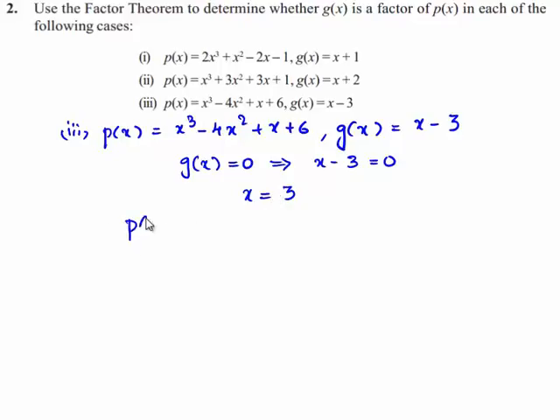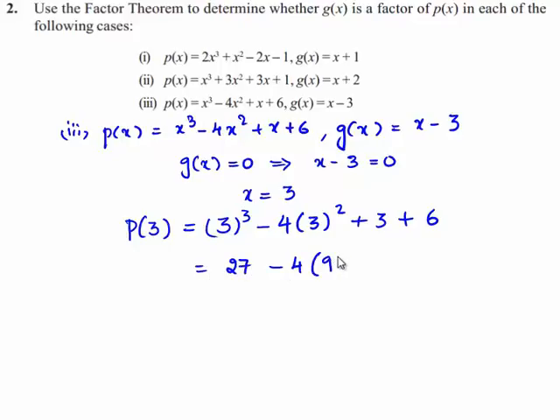On substituting x is equal to 3 in the given polynomial, we will be getting P of 3 is equal to 3 cube minus 4 times of 3 square plus 3 plus 6. 3 cube is 27 minus 4 times of 3 square is 36 plus 3 plus 6, which is equal to 27 minus 36 plus 3 plus 6, that is 36 minus 36, which is equal to 0.